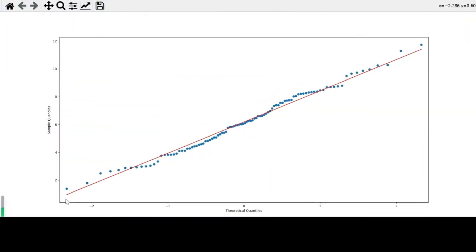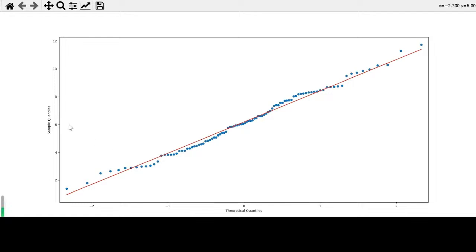So it looks quite informative, as the data almost stay on the line. From this figure we can say the data come from a normal distribution.